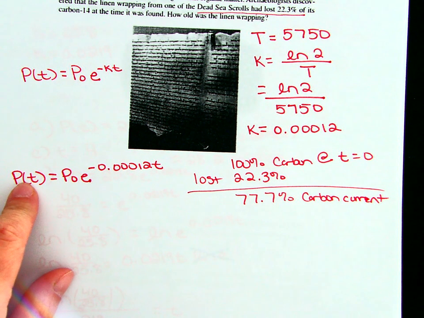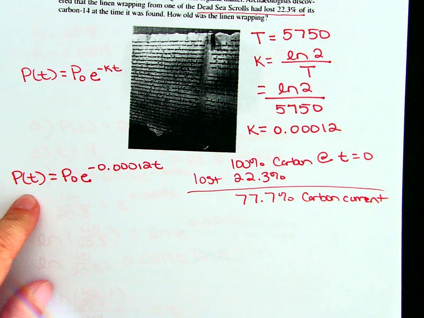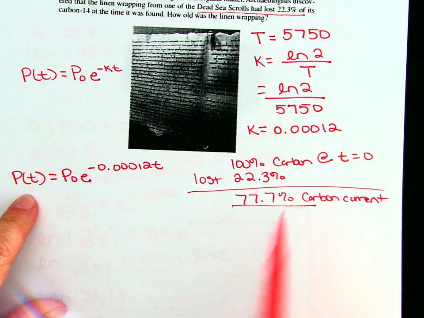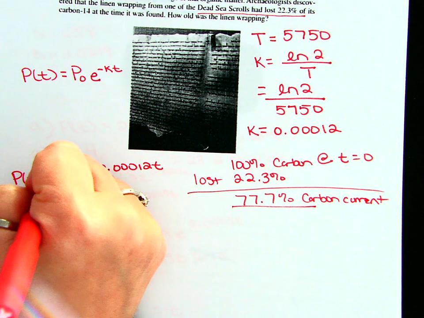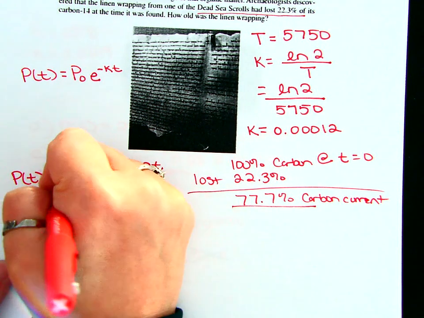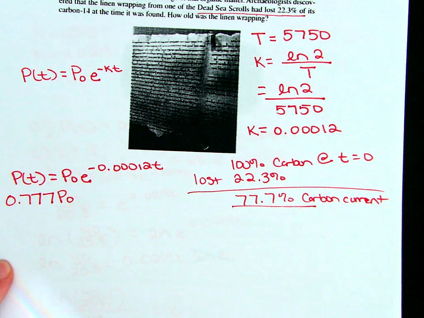So we're going to talk about the time now in terms of this. We're going to have 0.777 of the original amount of carbon. That's what we have right now at the time that we are looking at it.